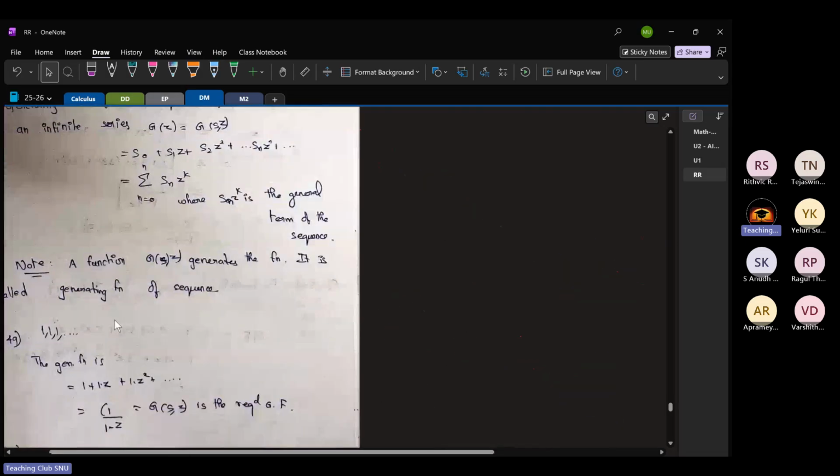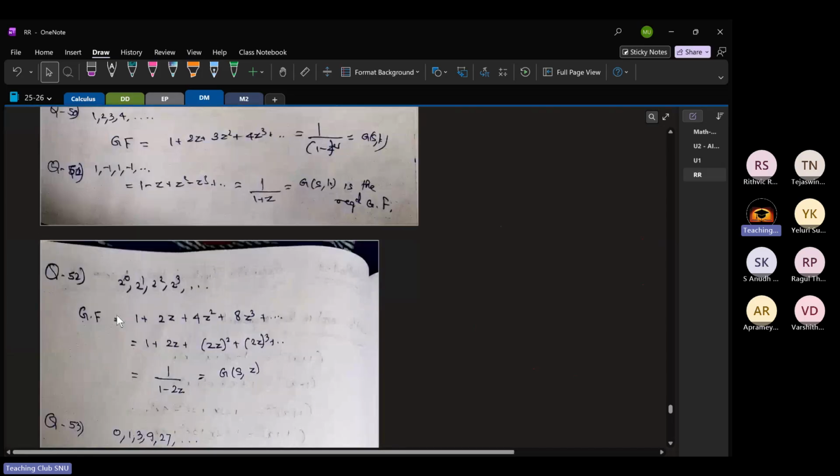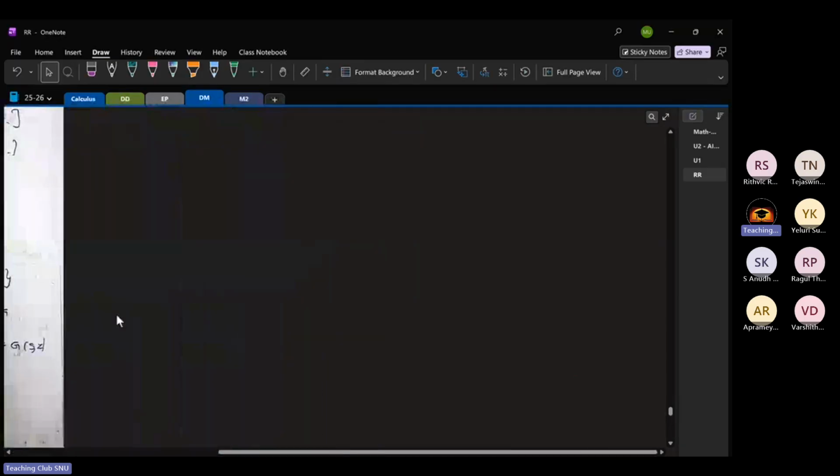Quickly moving on to g of s comma z. If I have an equation and I don't know how to solve it, say I don't know the characteristic method or the iteration method, I want to solve it in another way, by putting it in some form which I'm comfortable with.